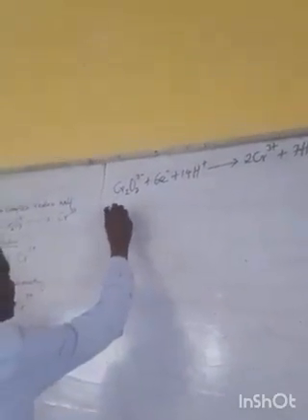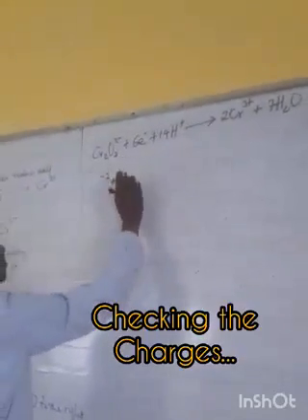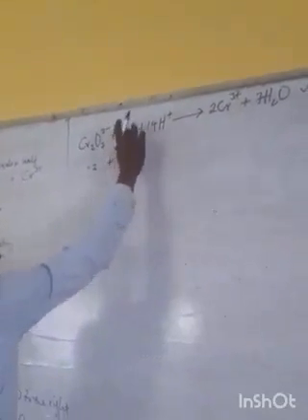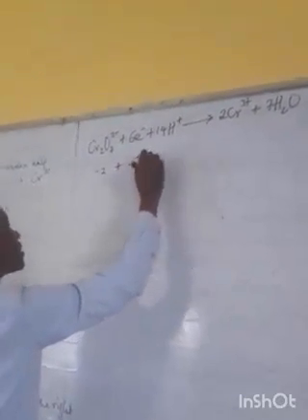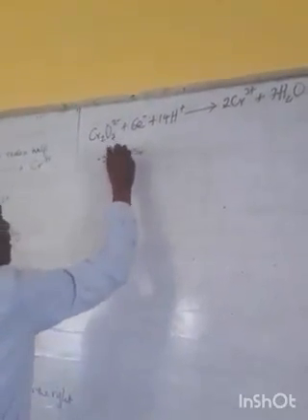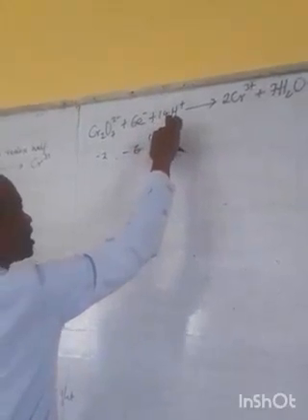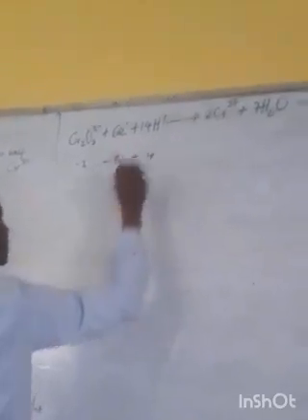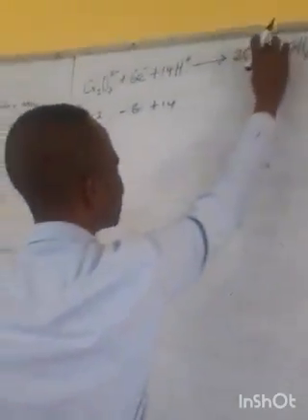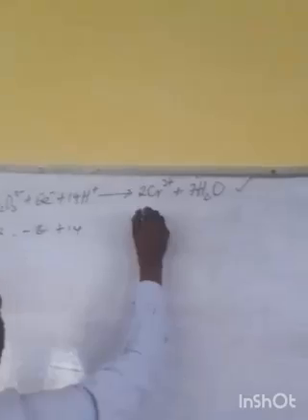The charge here is minus 2, right? Plus minus 1 times 6, minus 6. So minus 2 here, minus 6. What is the charge here? Plus 1 times 14, plus 14. The charge here is plus 3 times 2, plus 6.